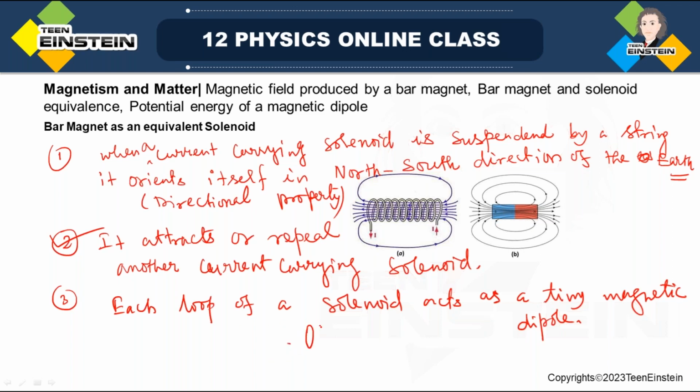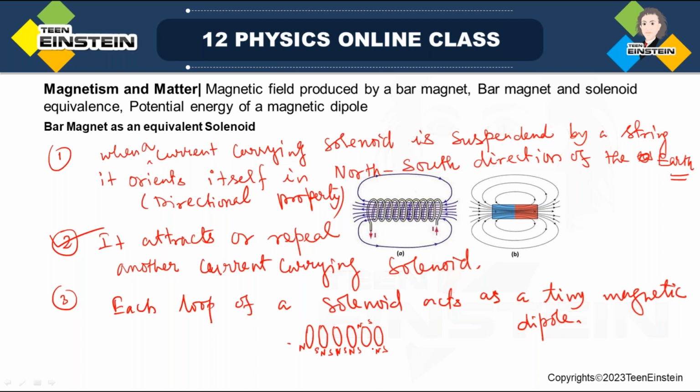So each loop of a solenoid will act as a tiny bar magnet, or tiny dipole moment. According to this, the north pole is here, south pole here, north pole here, south pole here, north pole again, south pole on the right hand side.